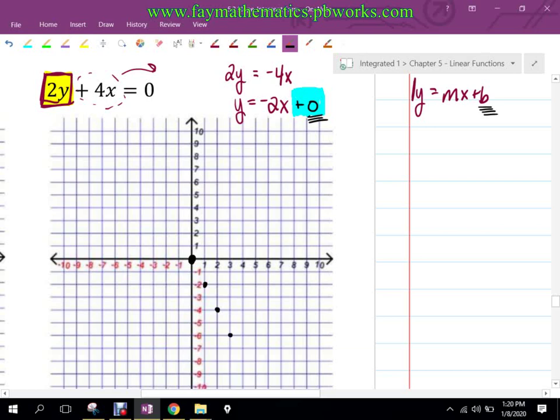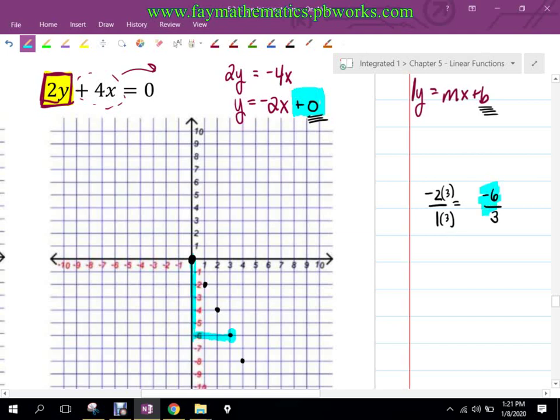Okay. Now here's my question. I think this is important to think about. Is down 2, right 1 the same thing as, what if I multiplied this by 3 over 3? That'd be -6 to the right 3, right? What happens if I go from my y-intercept down 6 and then to the right 3? Do I get back on my line? Yeah.